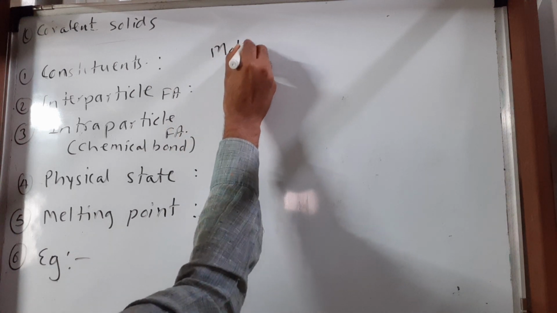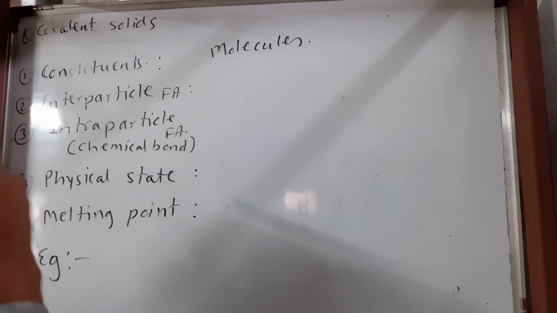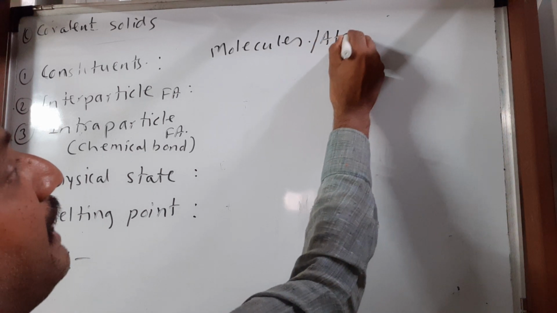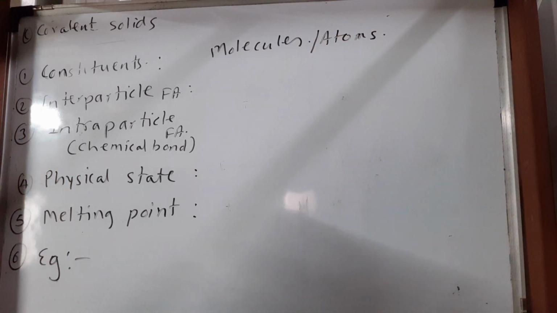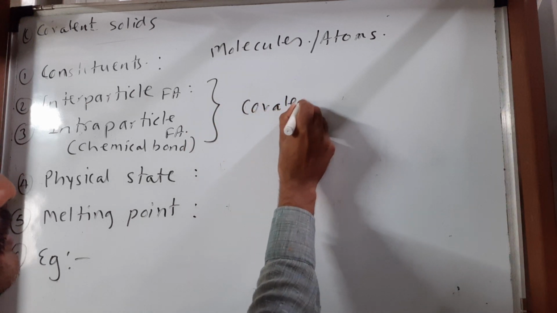Here also the constituents are molecules. In the first case we have seen molecular solid constituents are molecules, and covalent solid constituents are molecules. Sometimes the constituents may be atoms also. Those examples we will see. Interparticle forces of attraction and intraparticle forces of attraction, both are covalent bonds.